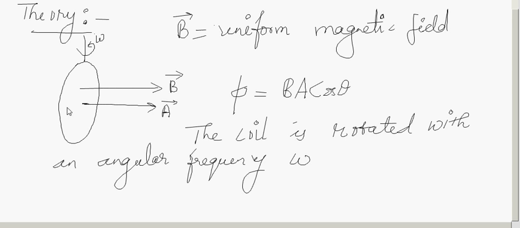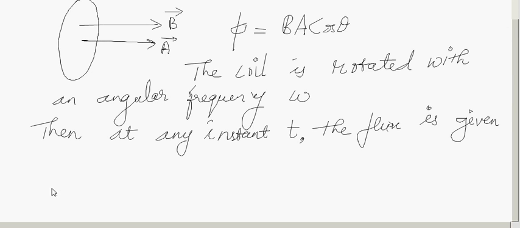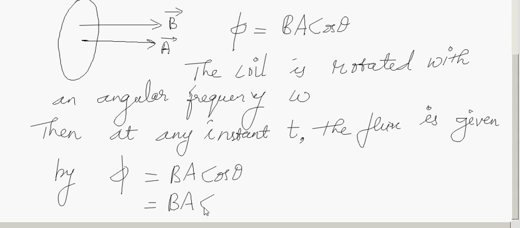So at any instant t, the flux is given by phi equal to BA cos theta, or BA cos omega t.